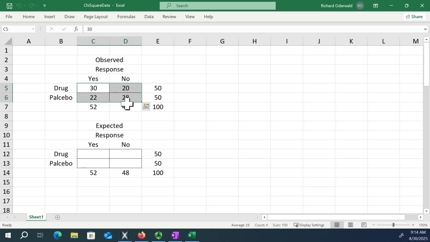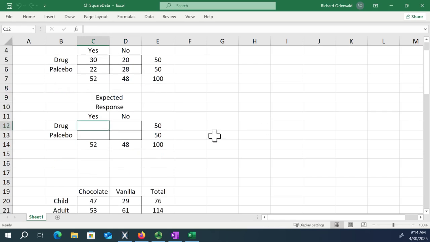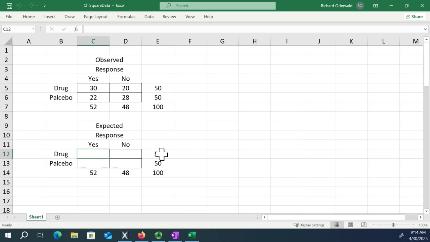This is what actually happened. And the expected values we have to calculate in this case. So we've got 50 people in here, in each group, so that if there was no effect, how many people would be in the yes and no category for the drug?